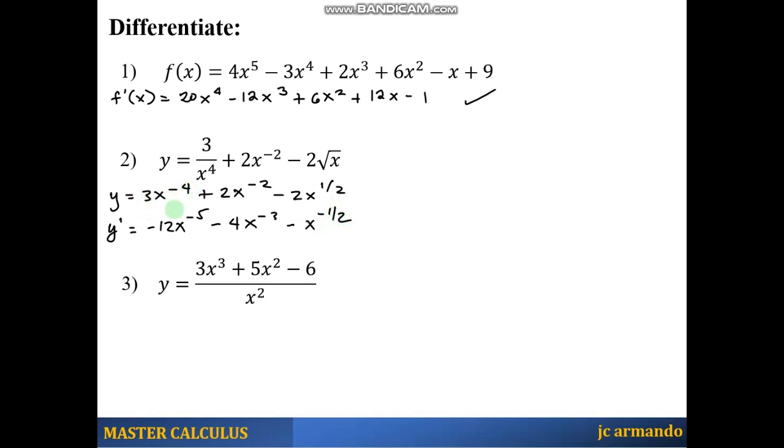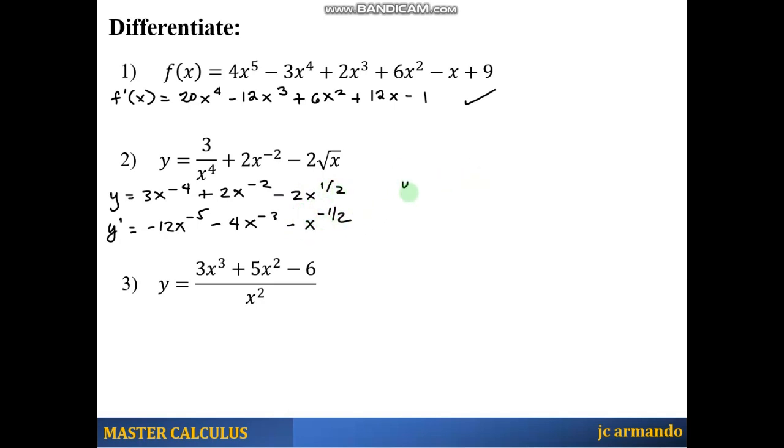Again, 3 times negative 4 is negative 12, x, negative 4 minus 1, negative 5. Then 2 times negative 2, negative 4x, negative 2 minus 1, negative 3. Then negative 2 times 1 half is negative 1. So x na lang. Then 1 half minus 1, negative 1 half.